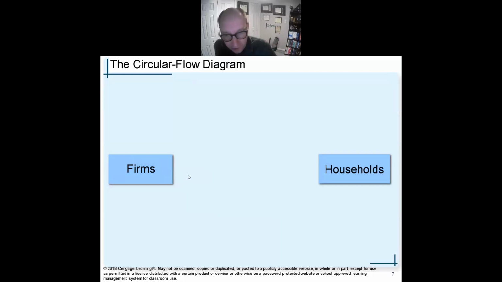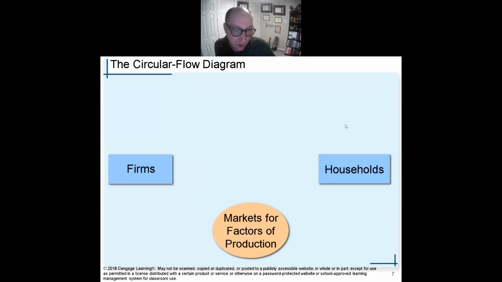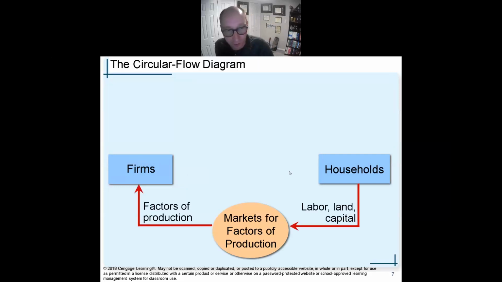So here's how it looks. You've got the market for factors of production, okay? The households provide the firm, the companies, with labor, because the people that live in the households are working for the companies.